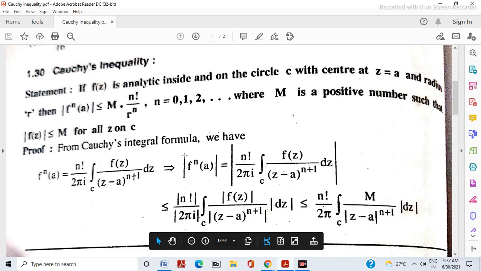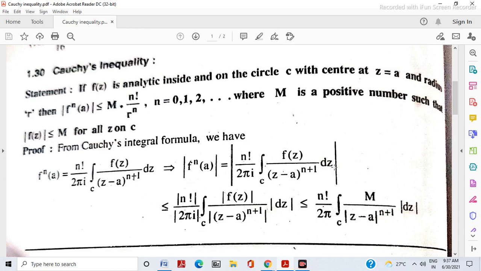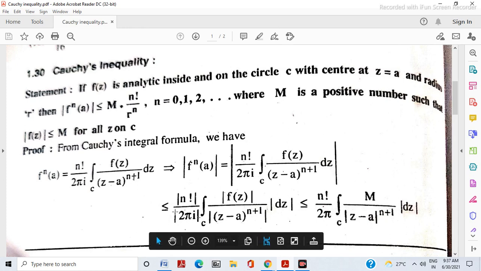Then what you get? Modulus of f^n of a equal to modulus of n factorial by 2 pi i integral over C f of z by (z minus a) power n plus 1 dz. Now that can be written as less than or equal to mod n factorial by mod 2 pi i integral over C modulus of f of z by modulus of (z minus a) power n plus 1 into modulus of dz.